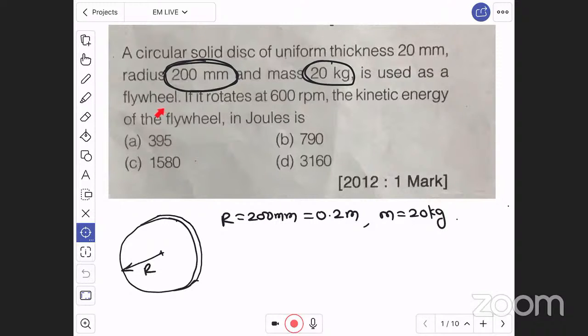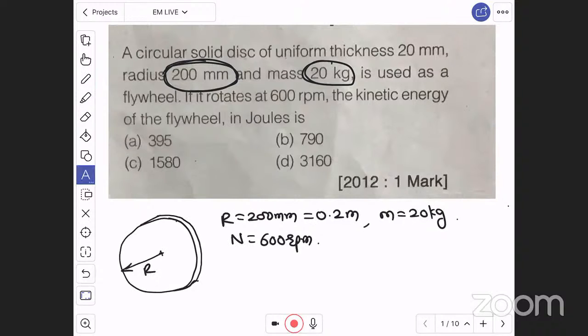And the flywheel topic you are going to learn in theory of machine. Flywheel is a device to store energy. If you are mechanical student, for civil student, no need to learn this flywheel concept. It rotates at 600 rpm. The speed of flywheel is given. N is equal to 600 rpm, revolution per minute.